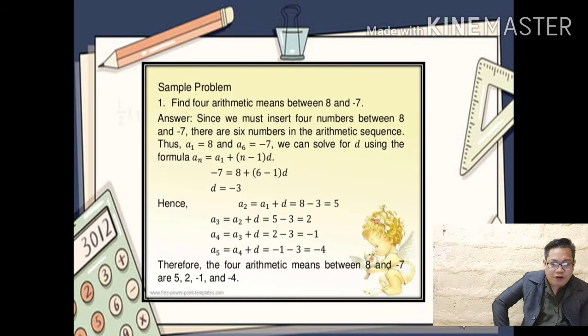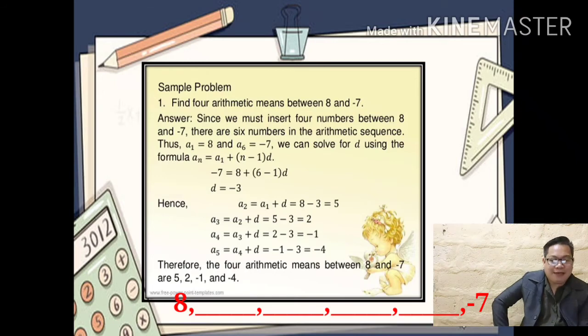Find 4 arithmetic means between 8 and negative 7. Dito naman, 4 ang ilalagay natin sa gitna. So, we have 8, blank, blank, blank, blank, then negative 7. Ang una natin gagawin ay hanapin muna ulit natin ang common difference.